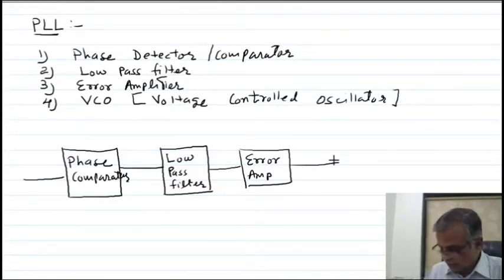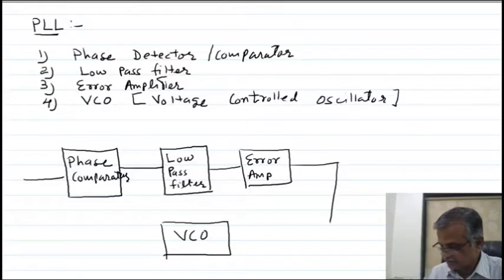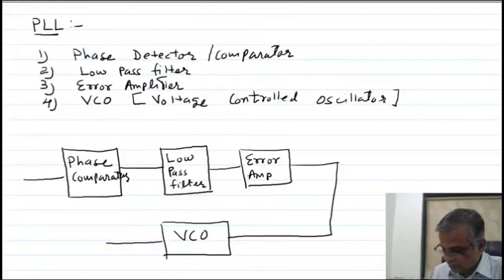The output of the error amplifier is given to another block, which is known as a voltage control oscillator, and the output of the VCO is given back to the phase comparator. Now we are discussing the function of each component.